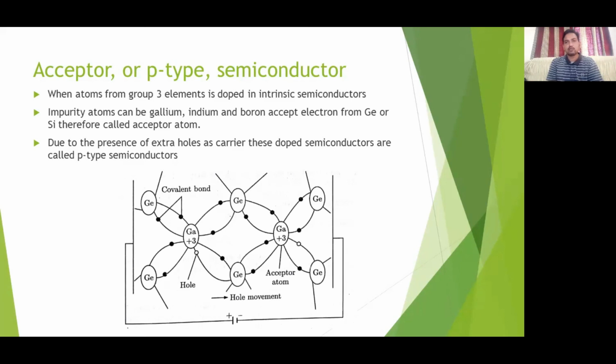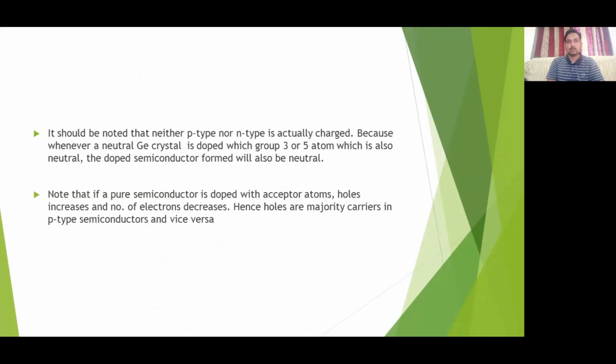This process will continue. So holes basically shift, not drift, from one position to another. So in P-type semiconductor, the conduction is due to holes, and the motion of a hole can be considered as motion of electrons in the opposite direction. These are the 2 points we should remember.